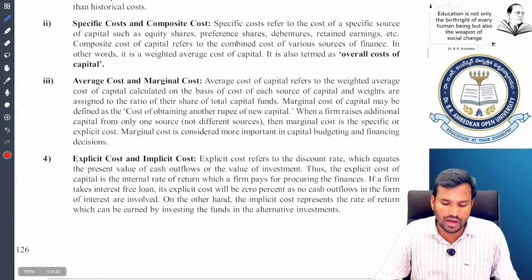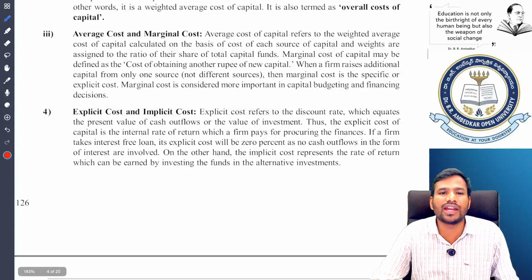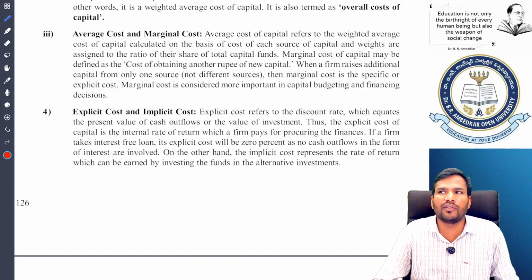Average cost, marginal cost. Average cost of capital refers to the weighted average capital. After giving weights to the particular source of capital, we can calculate the weighted average cost of capital.